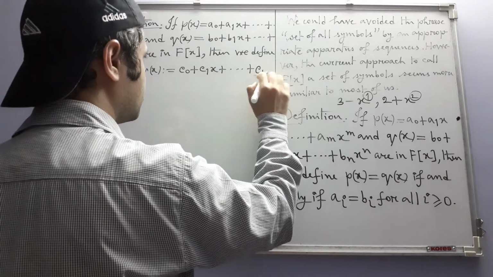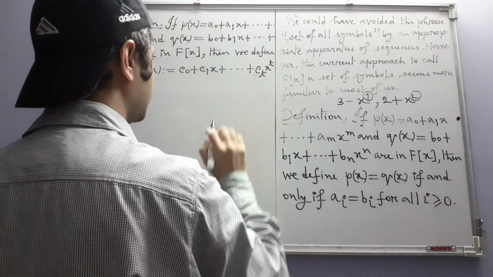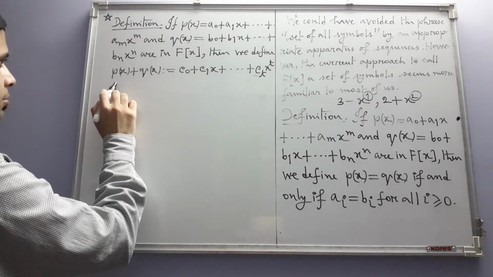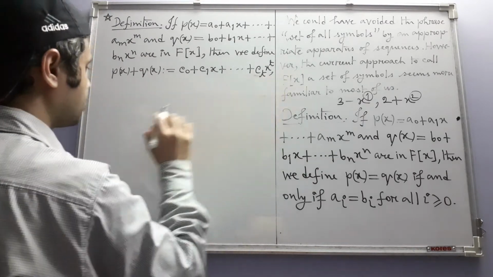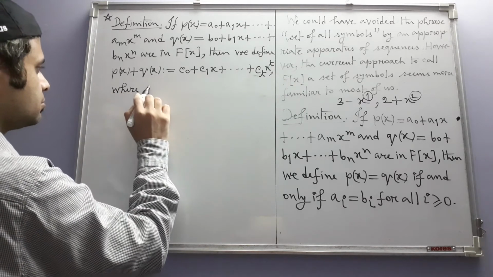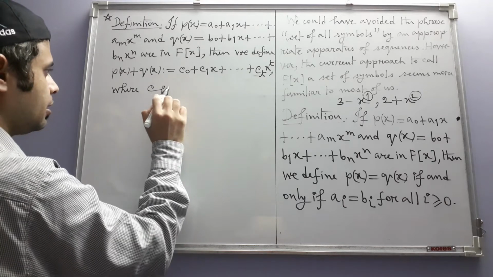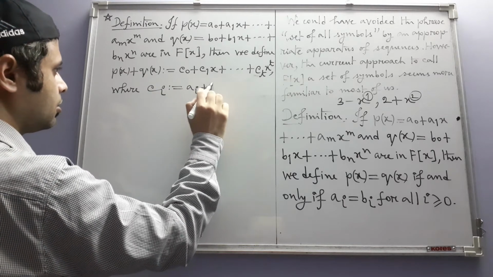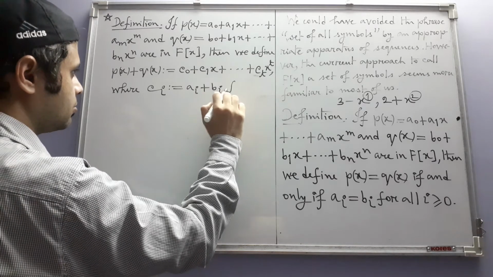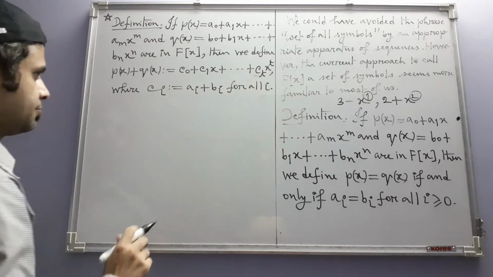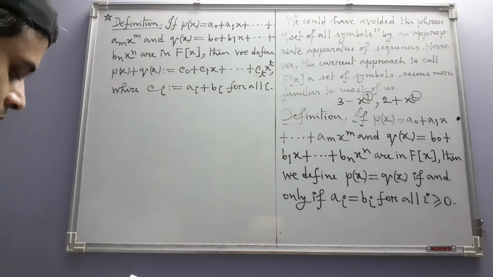We will try to understand what t is. Here c_i is defined to be equal to a_i plus b_i for all i. So he has written somewhat vaguely.